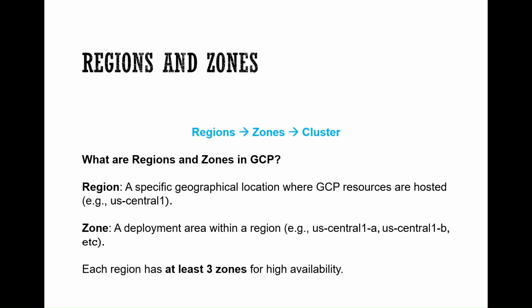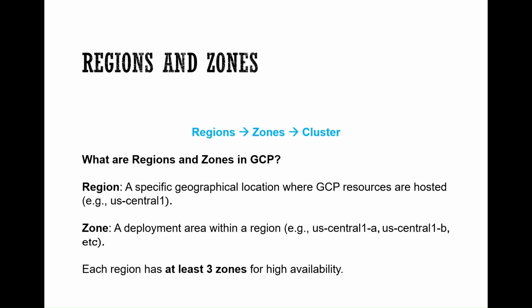So a region or a geographical location can be Europe, can be America, can be Asia. These are some geographical locations, and these geographical locations are then divided into zones. So let's say the US is a region, and then that region is divided into zones like US Central 1A, US Central 1B, and so on.